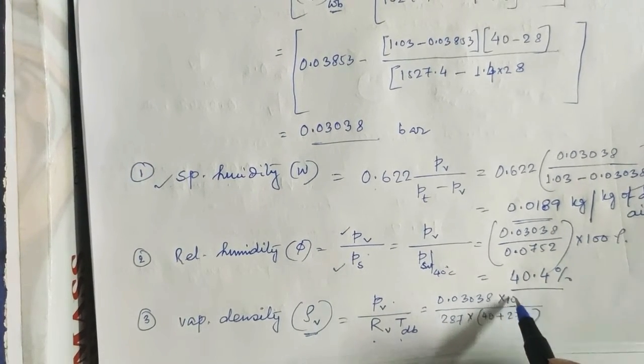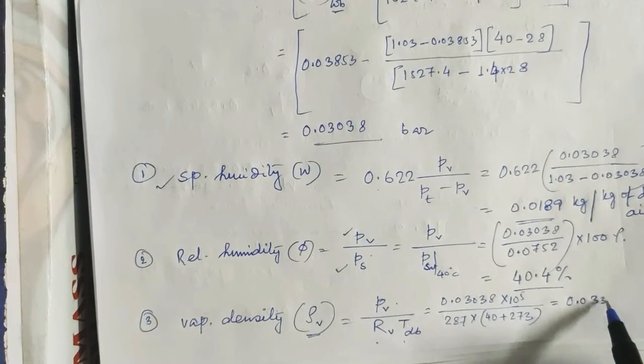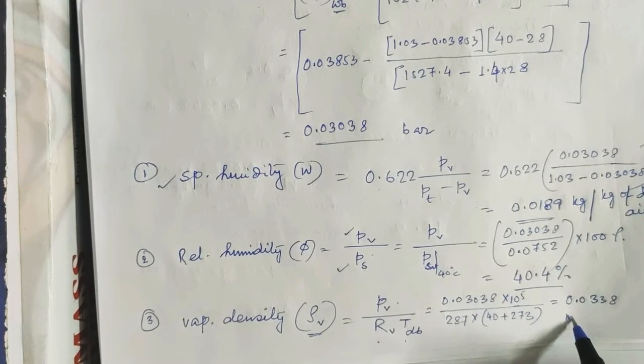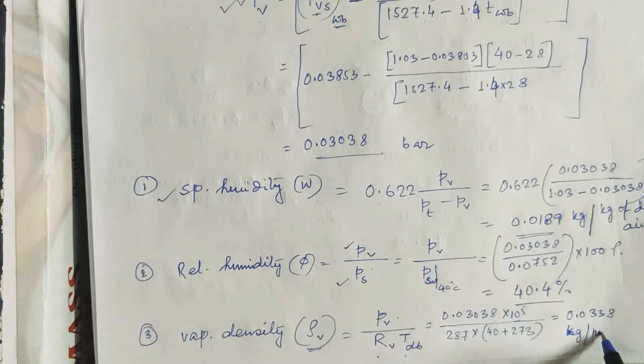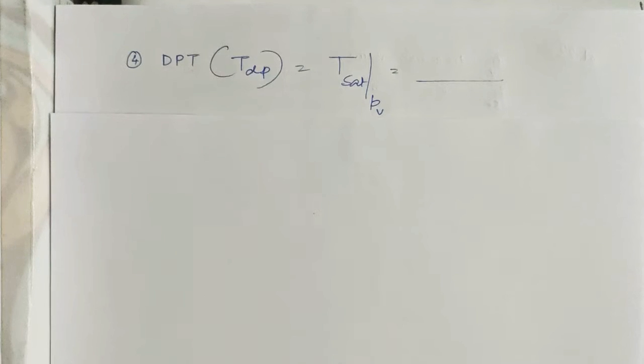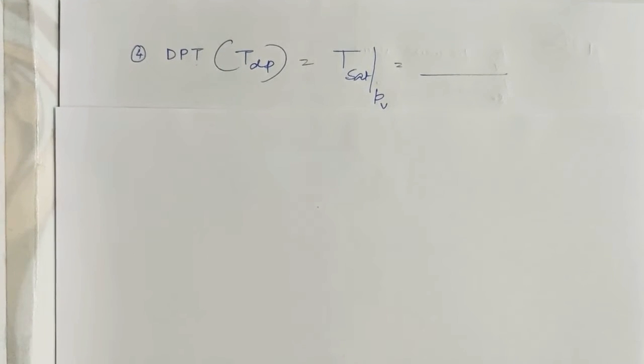Now with 10 to the power 5 Pascal, that will give you 0.0338 kg per meter cube. So three parts are completed: relative humidity, specific humidity and vapor density.